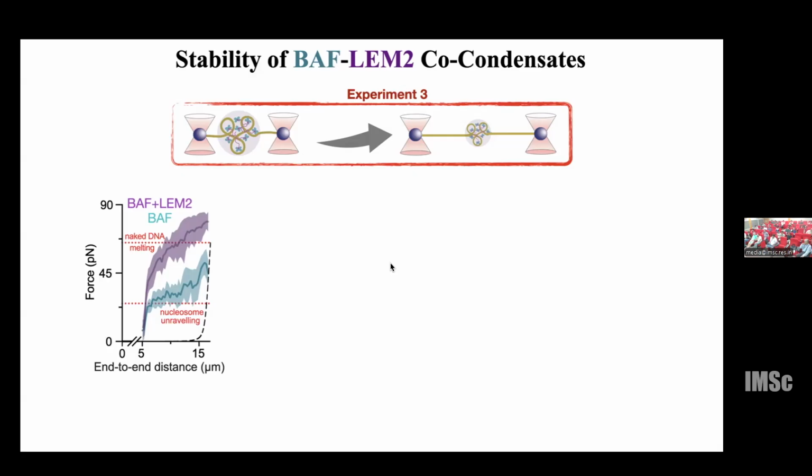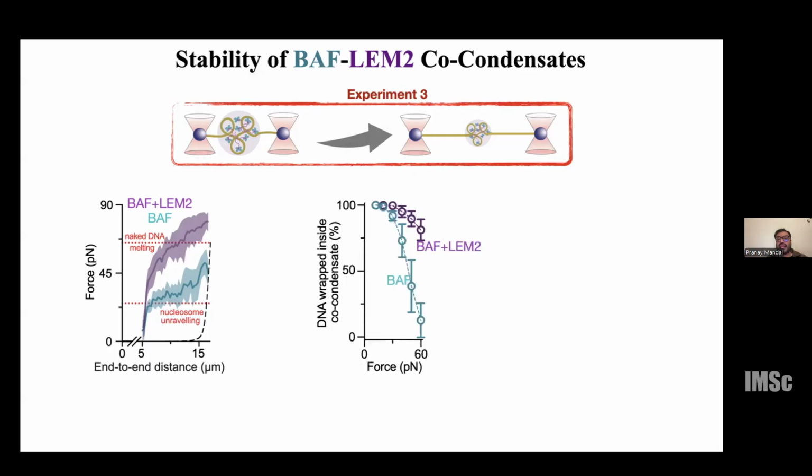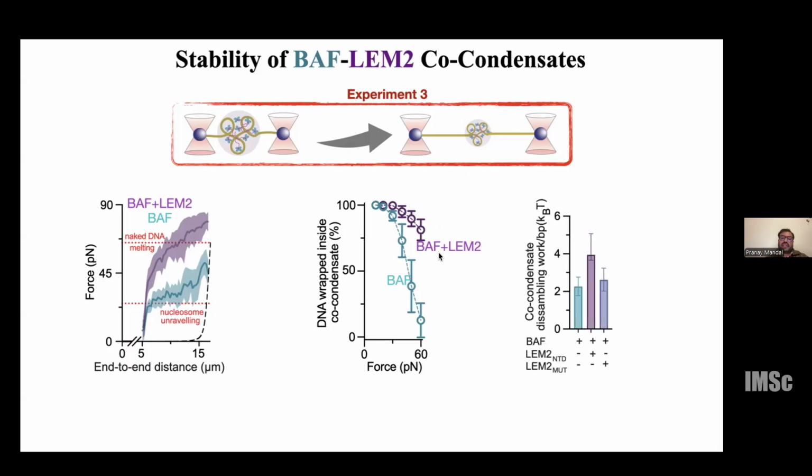So what it says is that the condensates are still intact even if we cross 65 piconewton. From this force-distance profile, we can quantify how much DNA is wrapped inside these co-condensates, and at 65 piconewton almost 75 to 80% of the DNA is still inside the co-condensate. That means it's very difficult to unravel the DNA from the co-condensates.